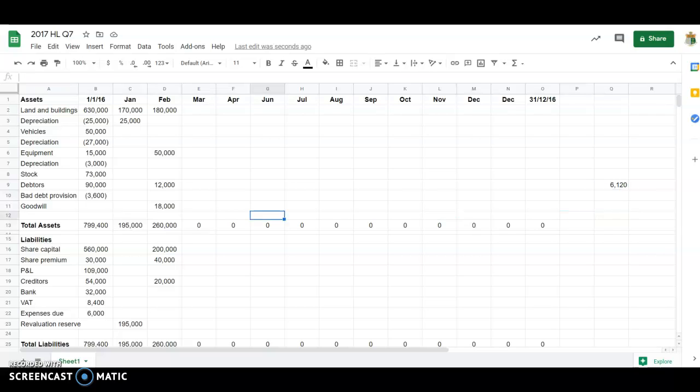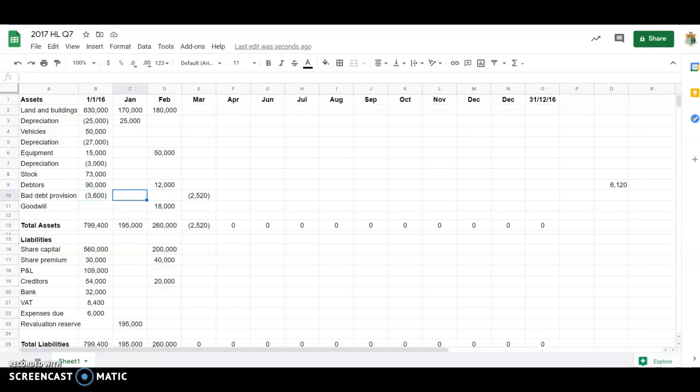All right, my bad debt provision is currently 3,600 euro. So I'm going to add on to that bad debt provision to make it equal to 6,120. All right, so just the 6,120 and the 3,600. So another 2,520 of a bad debt provision is going to make that equal to 6,120.